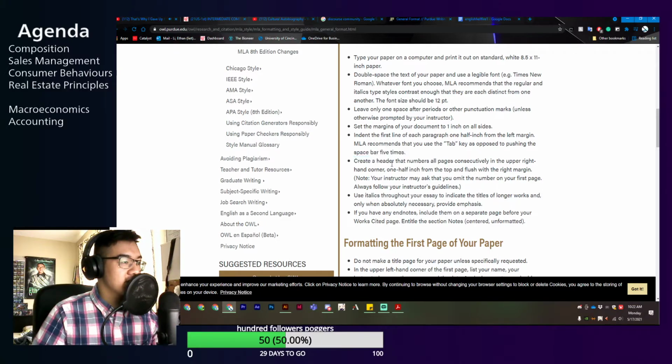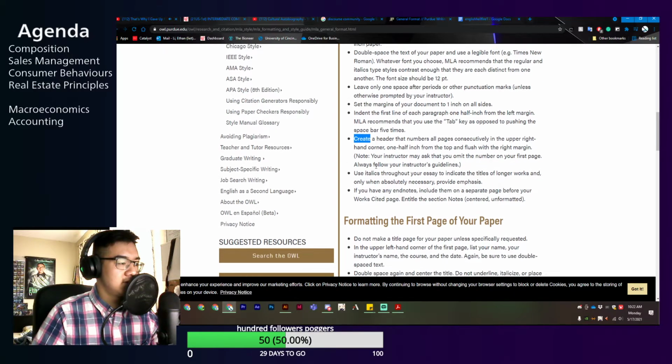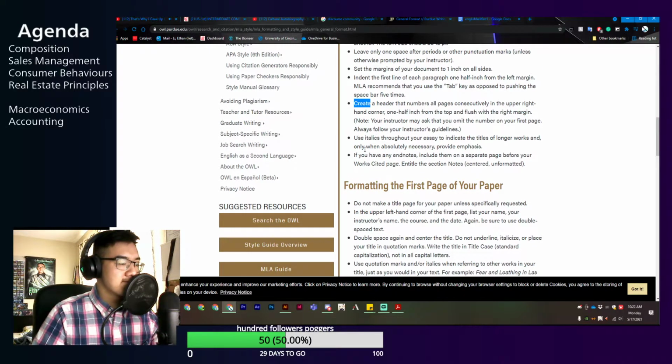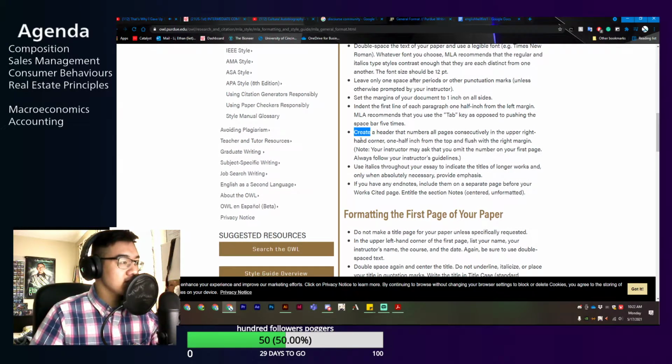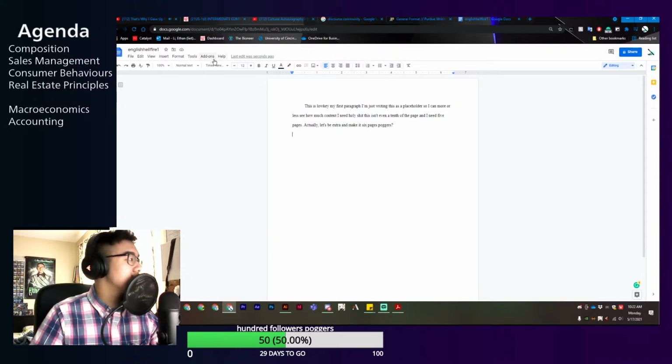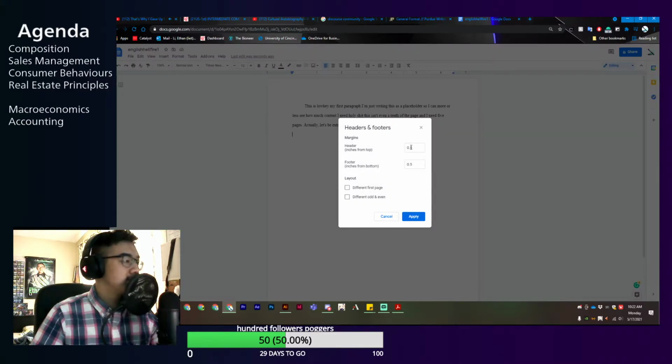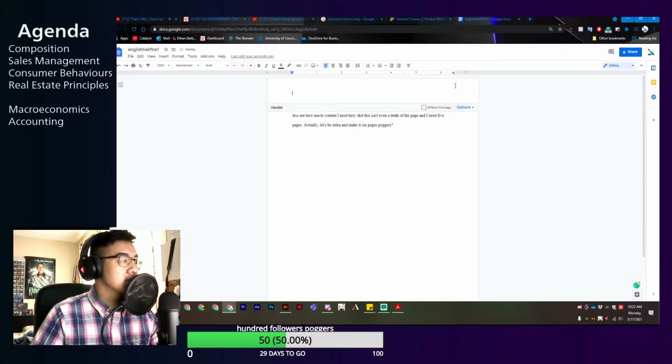Create a header. Okay, wait. Create a header that numbers all pages in the... Okay, where the hell is the... Add-ons? Nope. Tools. Format. Headers. Alright, headers.